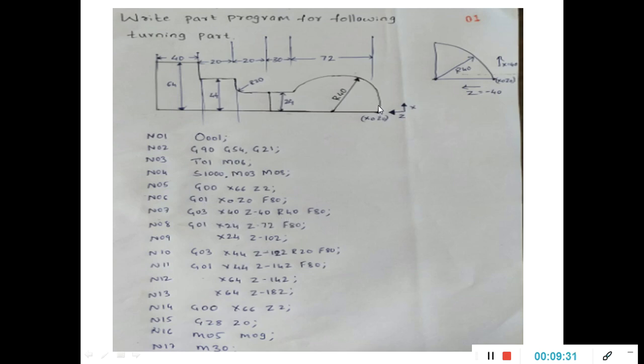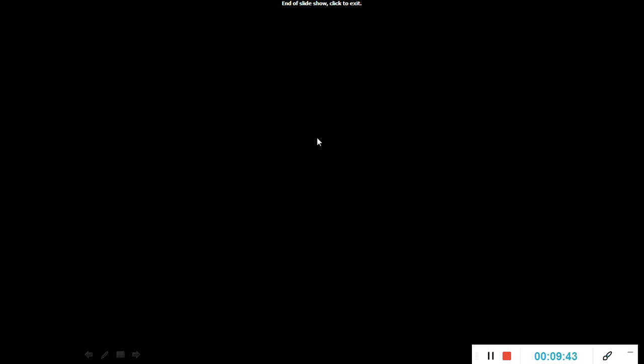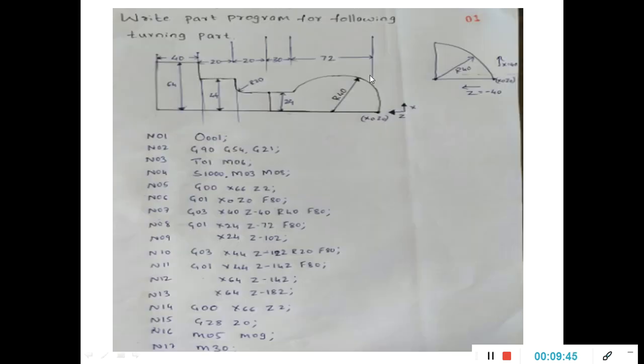So your tool is moving like this, and it is cutting the profile of a circular motion. Then after coming up to here, because it is R40, X40, Z minus 40 means up to here, right? So up to here it is circular.